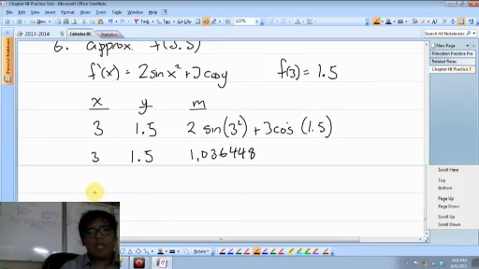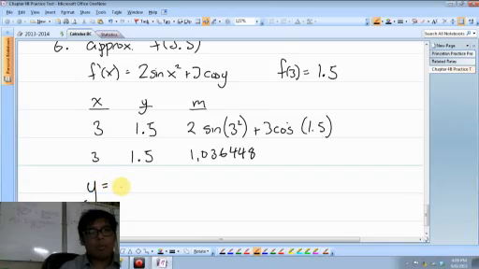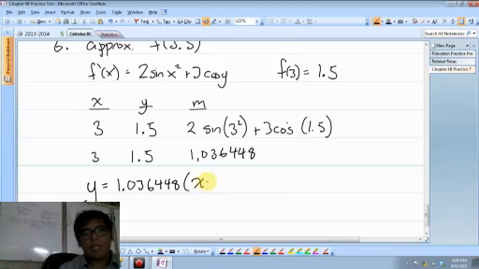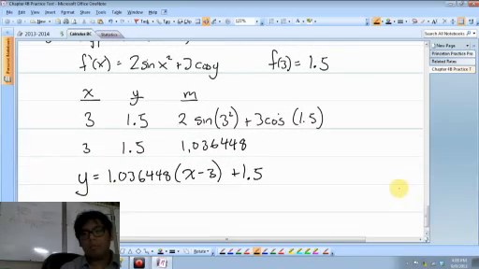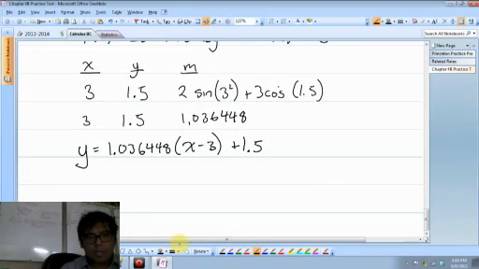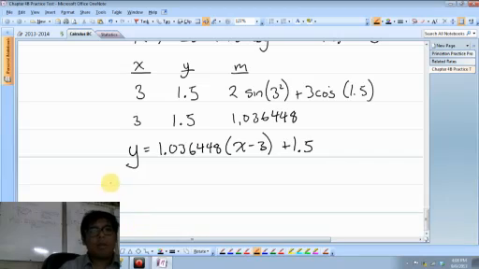That means my tangent line, y is equal to 1.036448 times x minus 3 plus 1.5. And that tells me that f of x can be approximated by, sorry, what number am I supposed to approximate? 3.5.